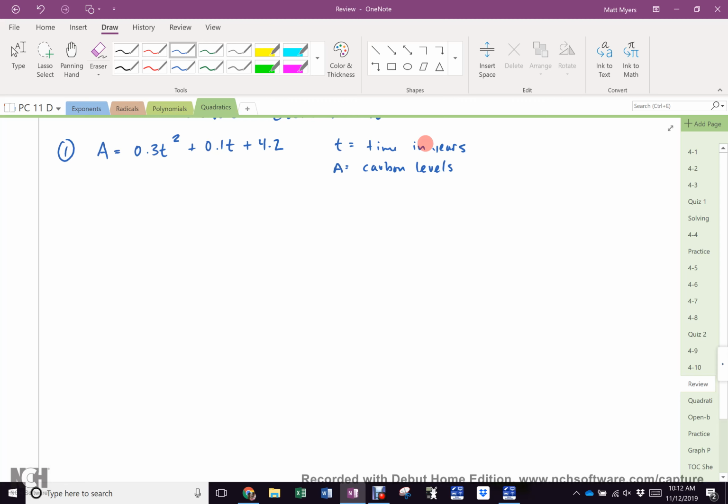Everybody understand? That's all you do with these. You just read the question, find out what you're being asked. Are you being asked a time or an independent variable? If you're being asked for that, you must solve for x. Where on a parabola do you find the answers?